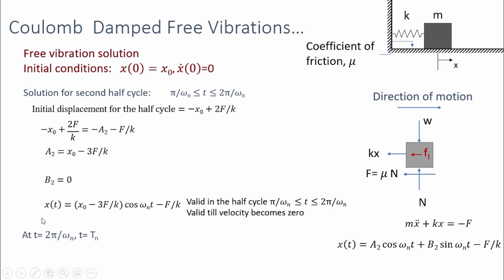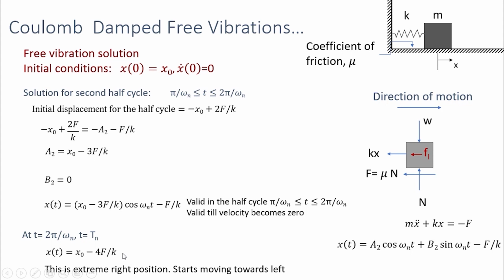Now let's find the value of the displacement x at t is equal to Tn, that is at the end of this second half cycle. If you substitute t is equal to Tn in this expression, we would get x of t is equal to x naught minus 4F by k.